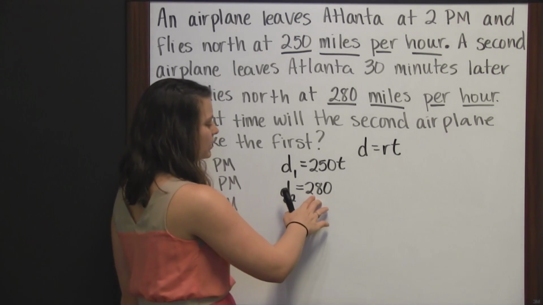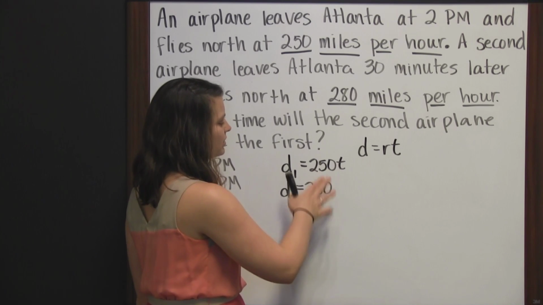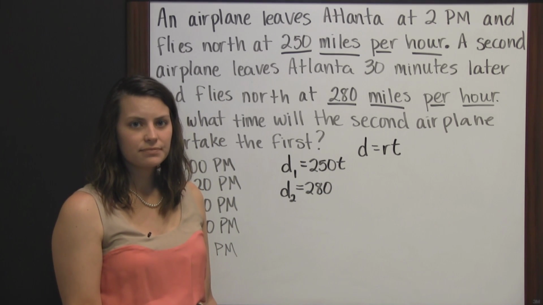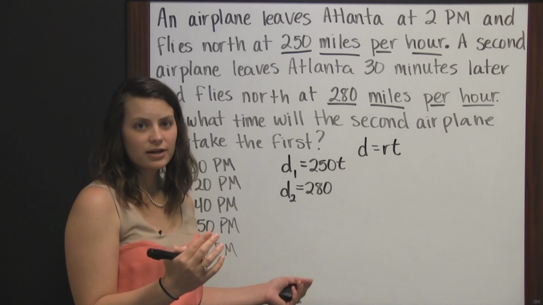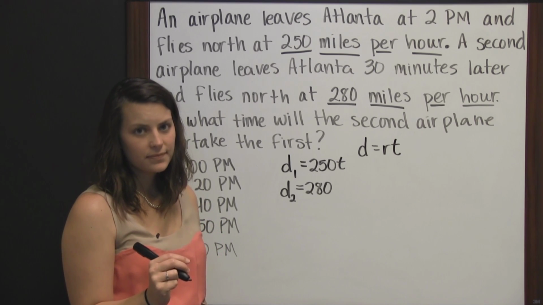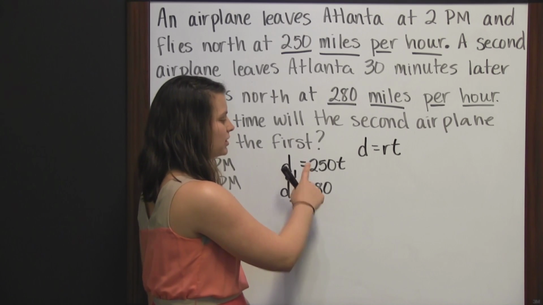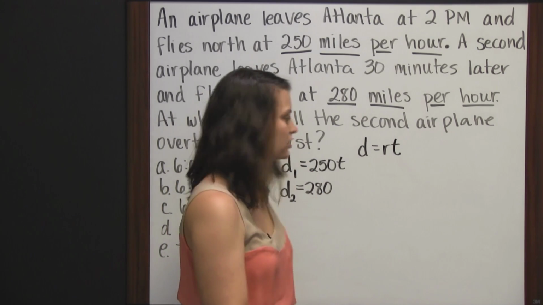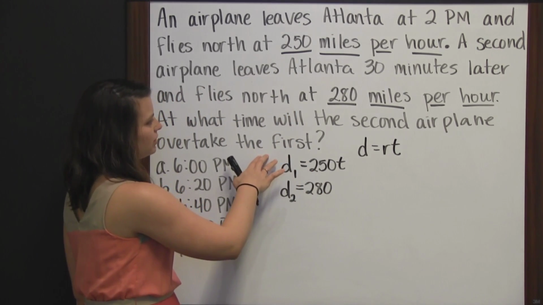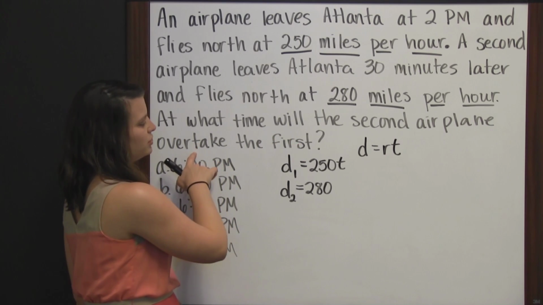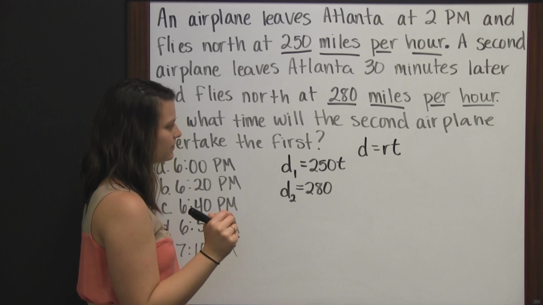If you'll notice, the second airplane is going faster than the first one. So if they left from the same place and they go in the same direction, they're both going north, then the second airplane is eventually going to catch up with the first and actually pass the first. And that's what we're trying to figure out, at what time will the second airplane catch up to or overtake the first.